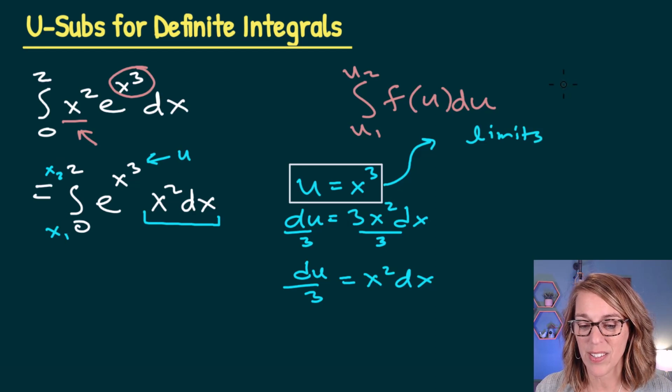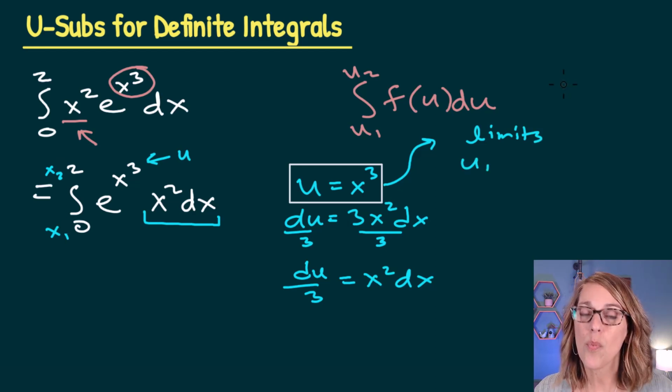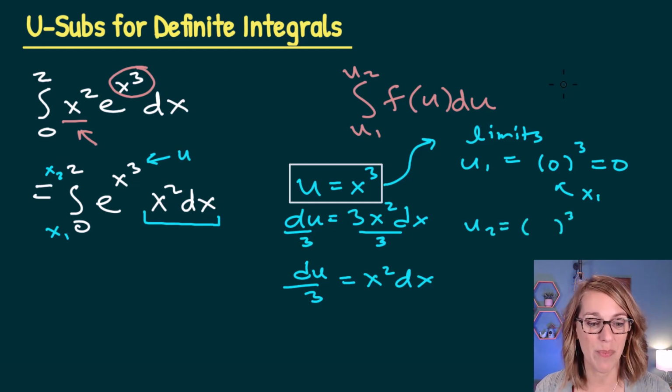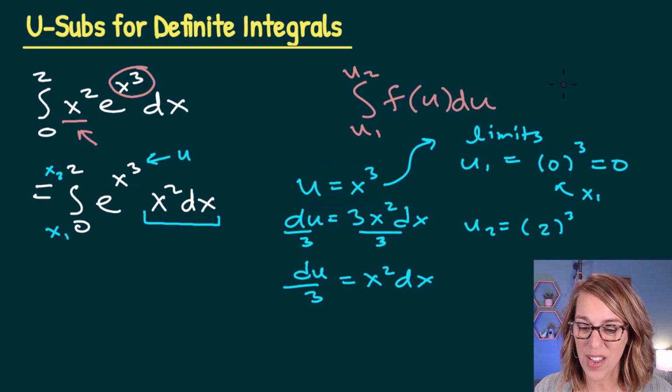So as I'm replacing those limits, u1, which is going to be my new lower limit, is now defined using u. u is the x cubed, and inside here I'm going to go ahead and put my original lower limit, that x1, which is 0. 0 cubed is just 0. To find the upper limit, I'm going to do the very same thing. U now is going to take that upper limit and cube it. So I'm going to take 2 and cube that, and I end up with 8.